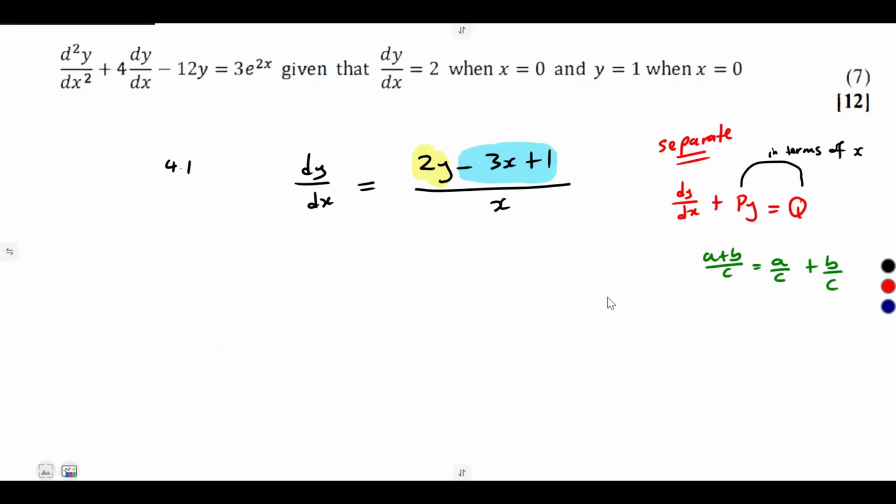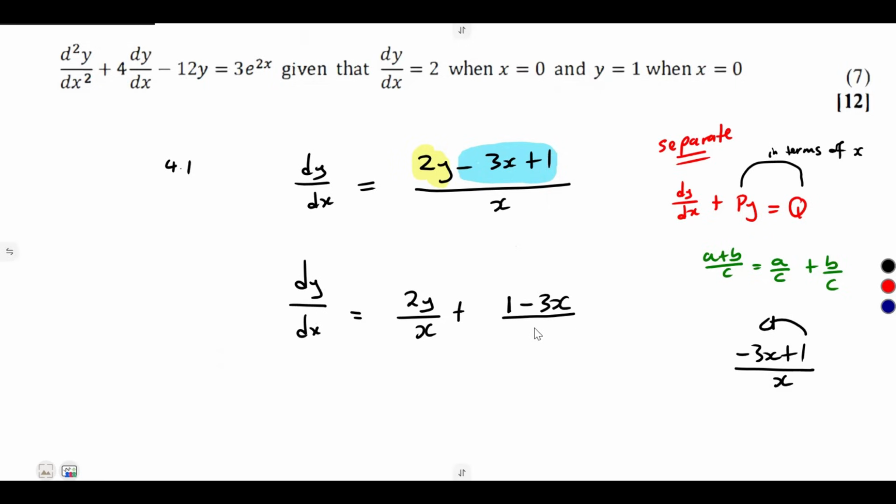So we can separate this now as dy/dx is equal to 2y over x, plus minus 3x plus 1 over x, which is the same as 1 minus 3x over x, as a single unit.